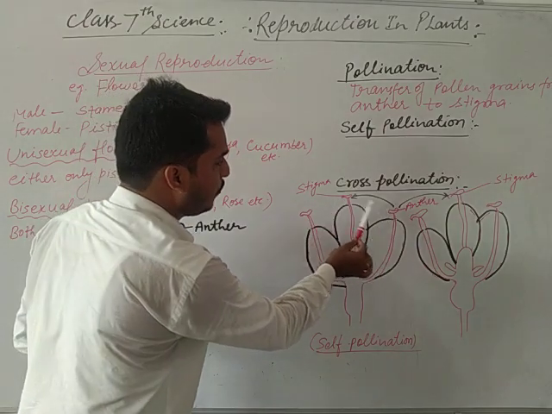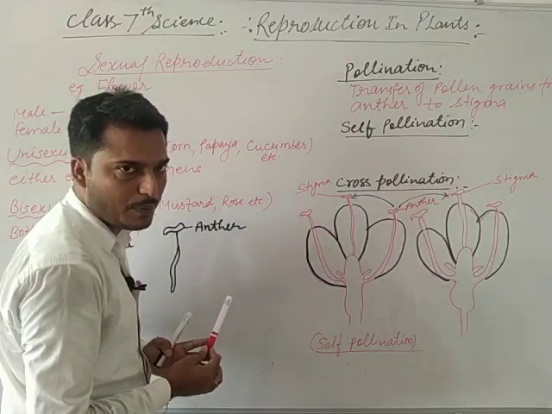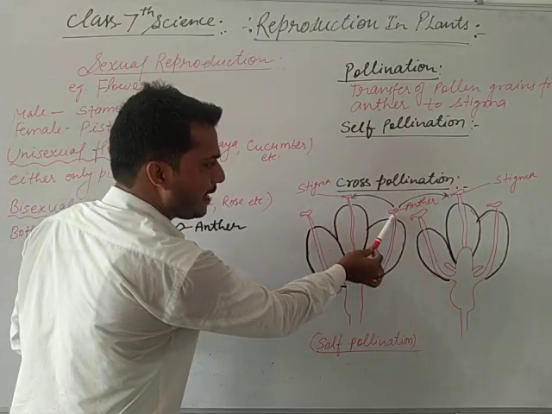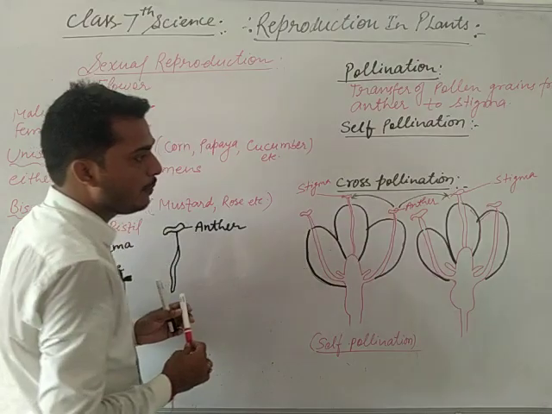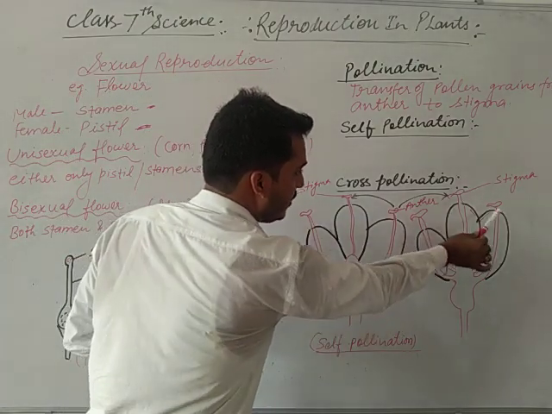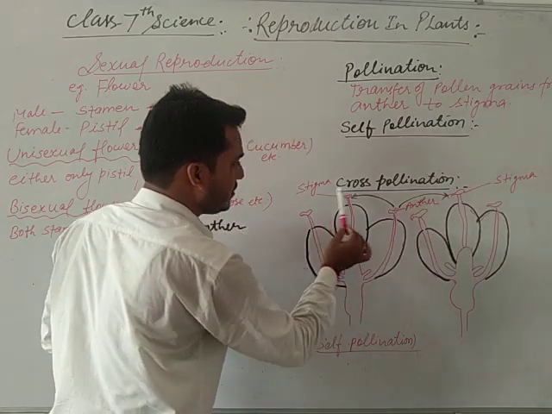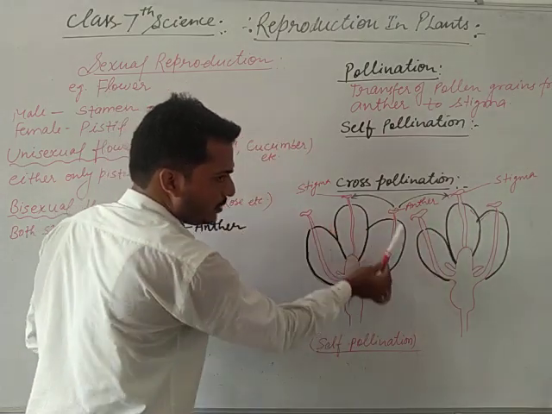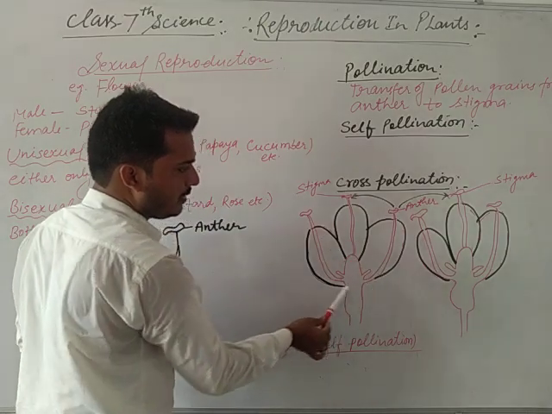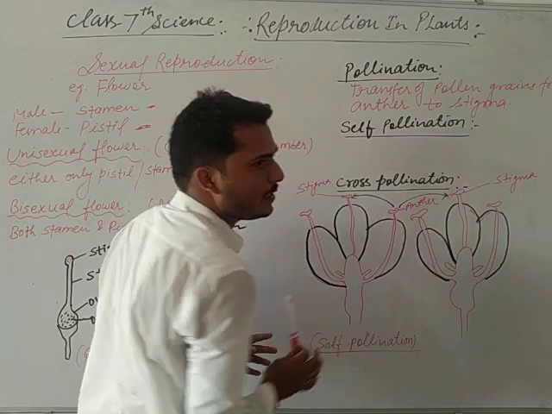The other flower contains both stigma and anther, both reproductive parts. In this flower both reproductive portions are present, but in this flower only stigma is present.